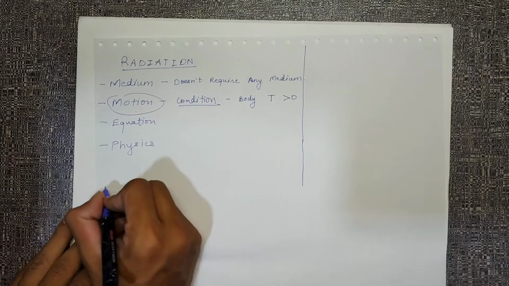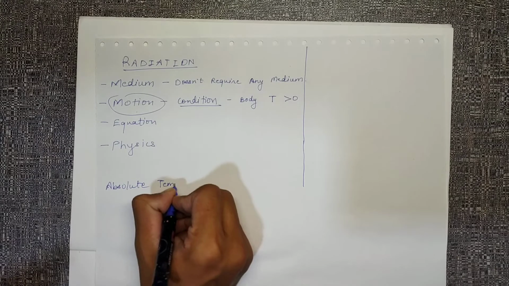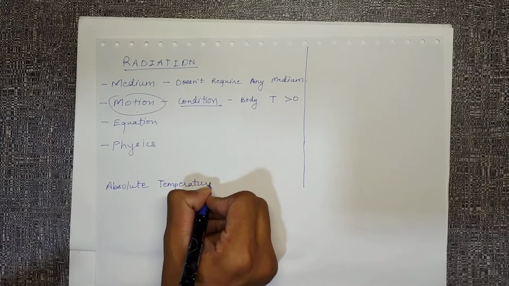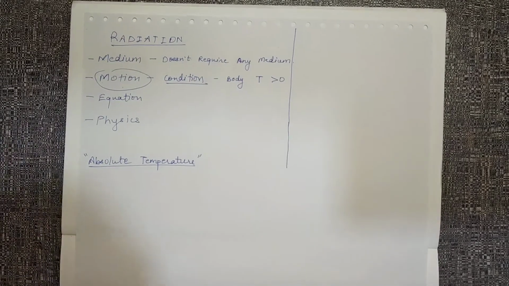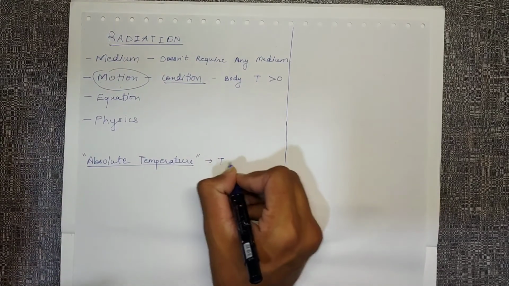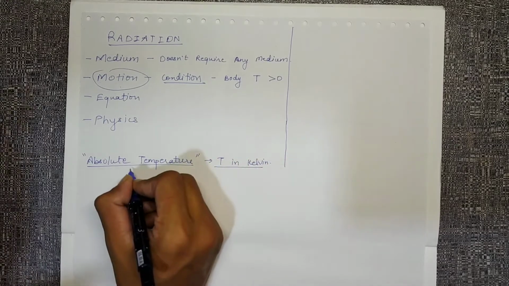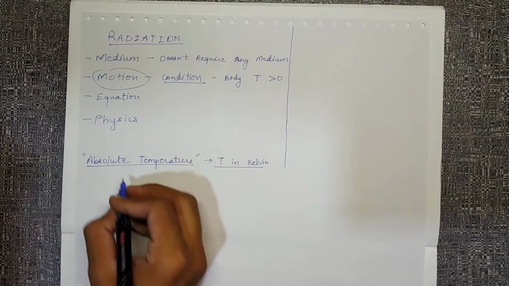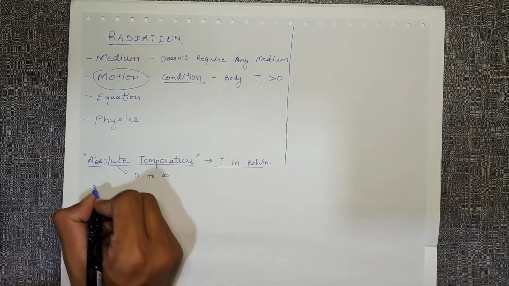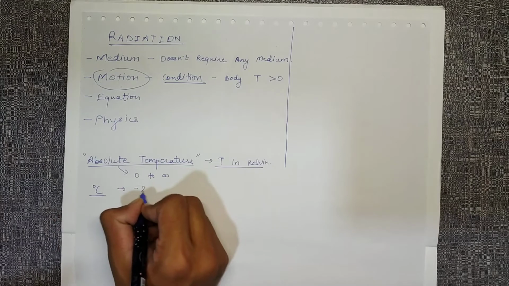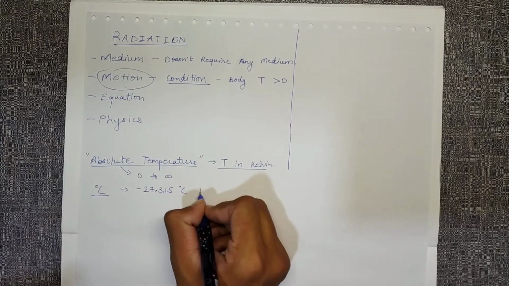The absolute temperature is nothing special, but it's a technical term, that's why I am highlighting it. The absolute temperature means the temperature in Kelvin. That means no negative temperature is possible for absolute temperature. It ranges from 0 to infinity. But in degrees Celsius, it ranges from minus 273.15 degrees Celsius to infinity.